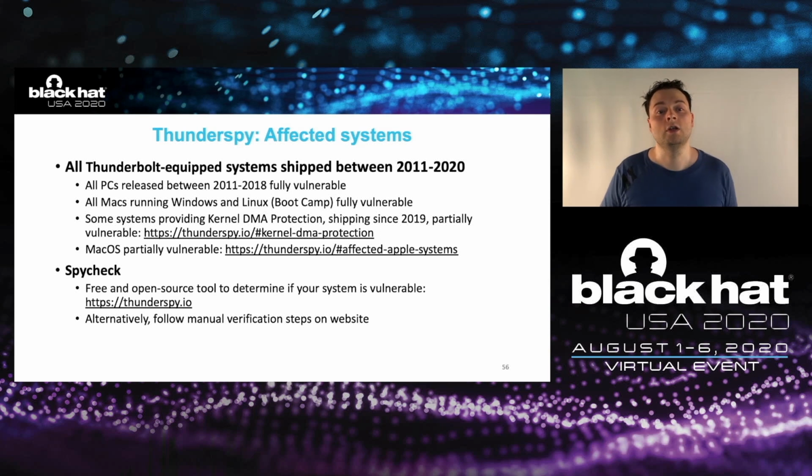Now, some systems that provide kernel DMA protection are partially vulnerable, and we'll be talking about them in a bit. macOS is partially vulnerable, so really you should verify whether your system is vulnerable using either Spycheck or by following the manual verification steps on our website.